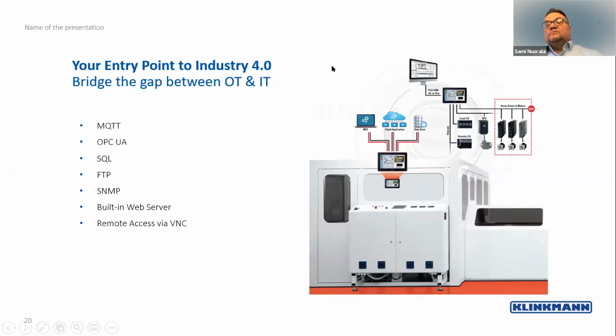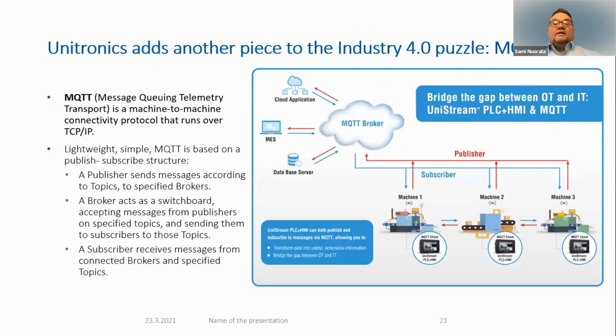So I believe that most of you have seen several different pictures from different brands, but Unitronics wants to have this in that way. And what is the hot topic? The MQTT, actually. Message Queuing Telemetry Transport.